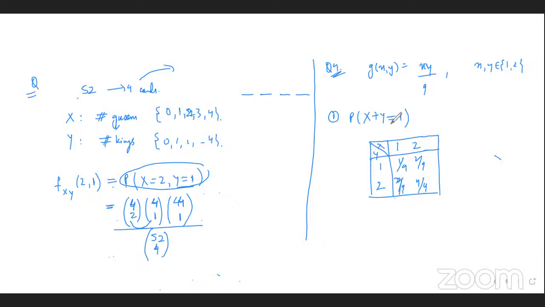We are asked to find the probability that x plus y equals 1. But given the values of x and y, no such pair is possible. So that is why this probability is 0. Is it okay? Yeah, ma'am, I got it.